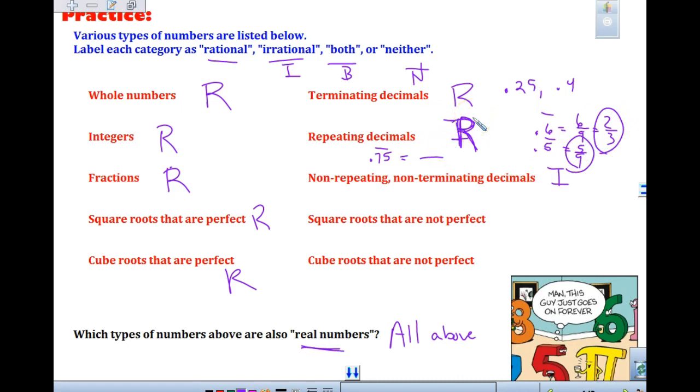All right. So, Ella, square root's a non-perfect. Irrational. And if we are continuing with that one, Haley, what do you have for the next one? Cube roots that are not perfect. Irrational. Can there ever be any that are both? I mean, it's either one or the other, right? It has to be one category or the other.